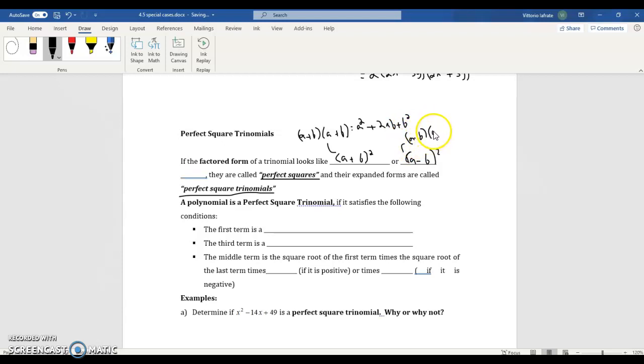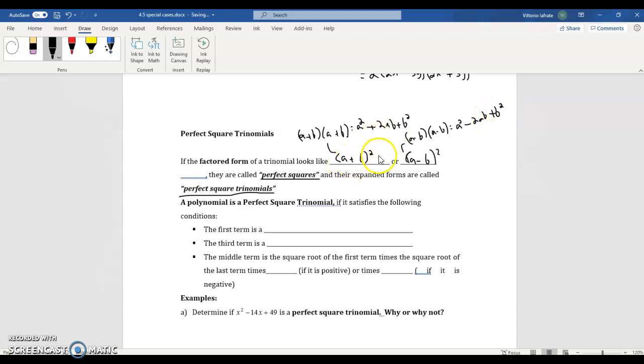So I'm just showing you we're doing FOIL here. If you do FOIL and expand fully, you would get a similar idea, a squared. Instead of plus 2ab, you'd have minus 2ab. And you would have plus b squared. So the main difference is that middle term in this case.